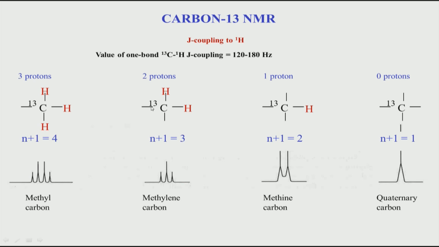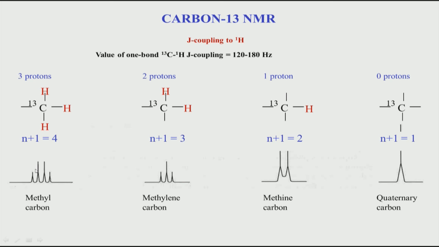If you look at a methylene group, CH2, there are 2 hydrogens, so according to the n+1 rule, you will get a triplet, which is 1:2:1. Similarly, if you have a methine group, you will get a doublet with equal intensity, 1:1. And in the case of a quaternary carbon, or a carbonyl, you get only 1 peak because there is no coupling to any hydrogen.